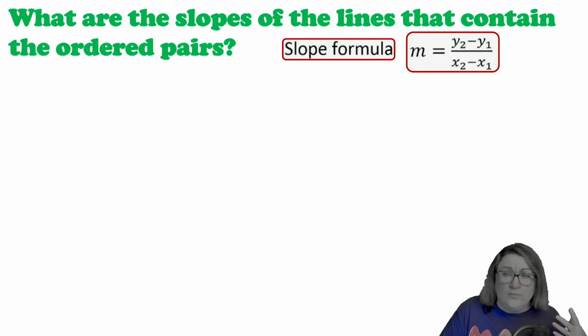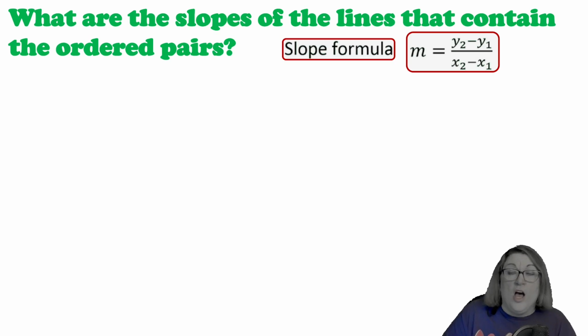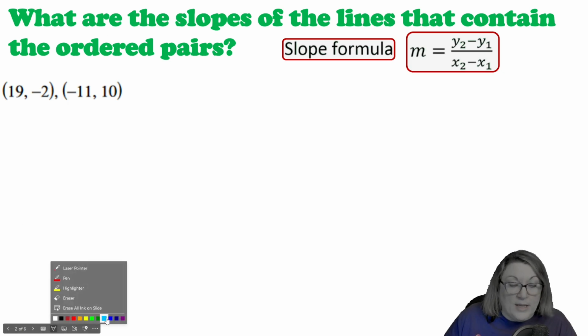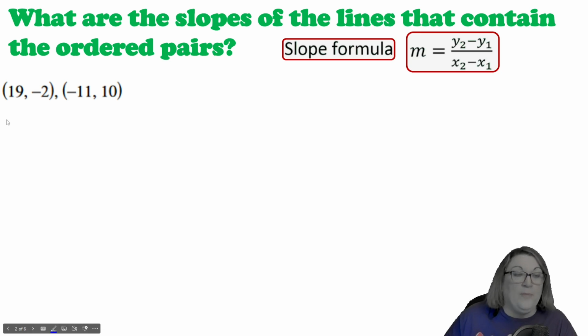All right, here's our formula. M equals the second y minus the first y over the second x minus the first x. So here's our first ordered pair. We need to know our first y and our second y. When we're reading our points, we're reading them from left to right.